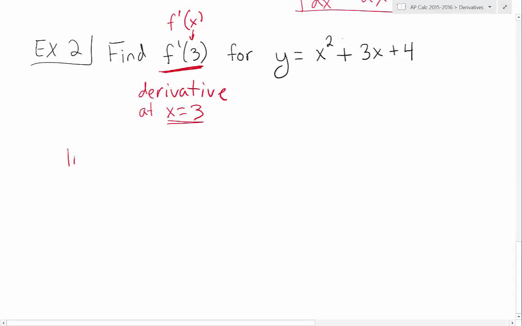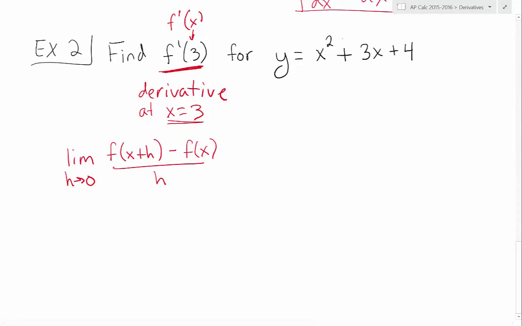So we're going to do the limit as h approaches 0 of f of x plus h minus f of x divided by h. And same thing as before, we're going to take this x plus h and plug it in everywhere where we see an x.